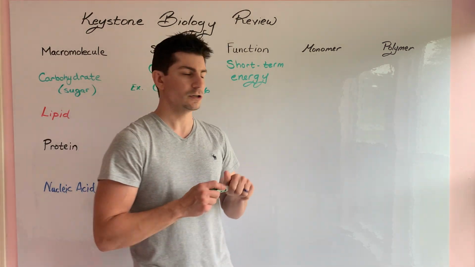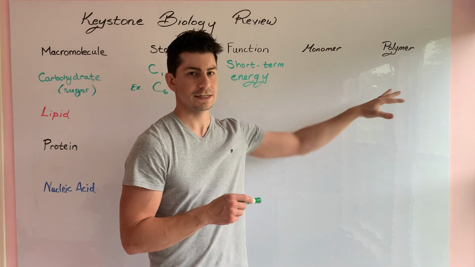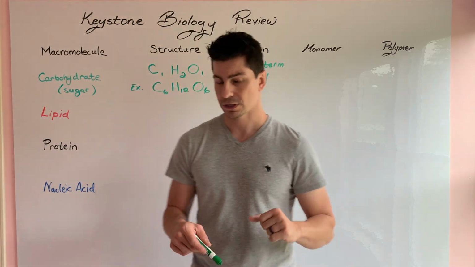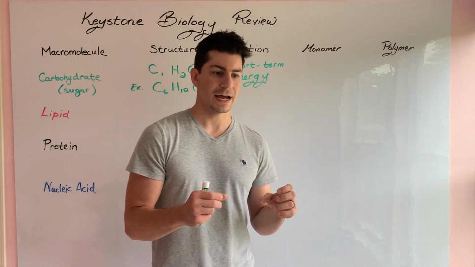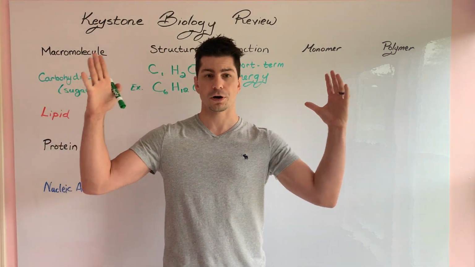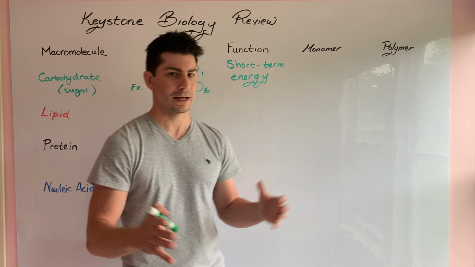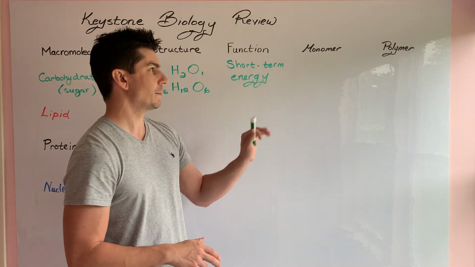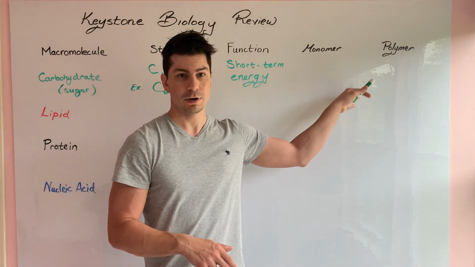Let me explain to you what the monomer and polymer is for our macromolecules. Let's pretend that we are going to try to make a macromolecule. Now macromolecules are huge, they're gigantic, okay? They are going to be made up of monomers and polymers.